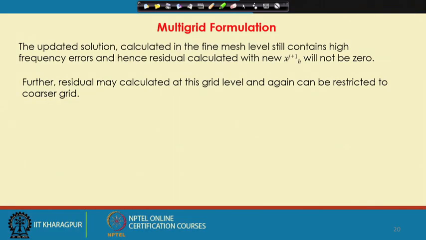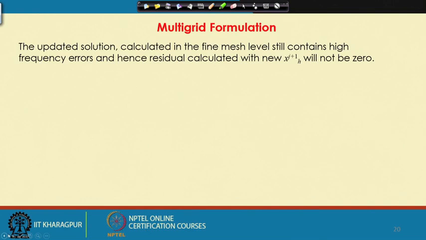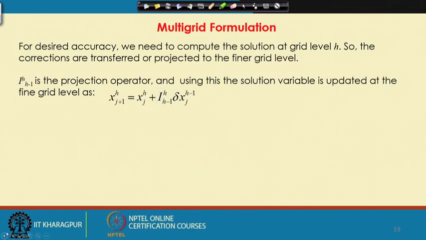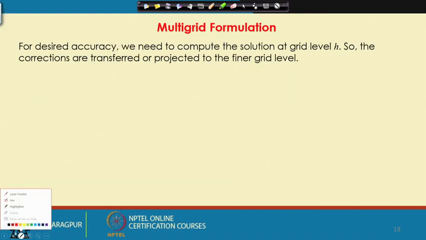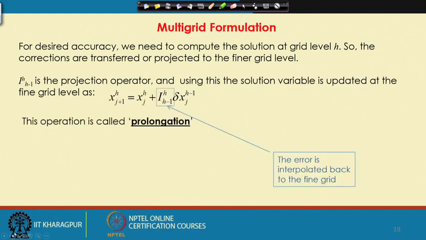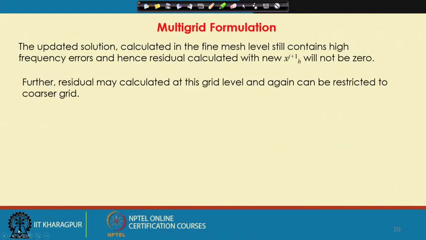So, the residual may be calculated at this grid level, transferred to the coarse grid level, and you solve the equations at the coarse grid level; this may be followed. The residual may be calculated at this grid level and will again be restricted.